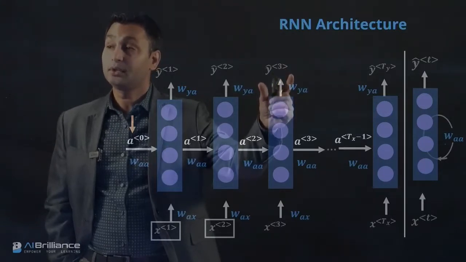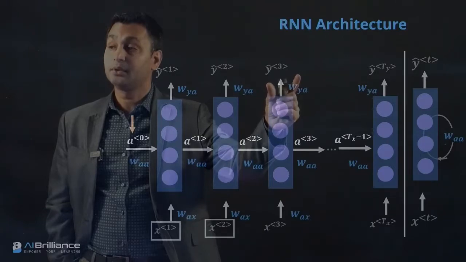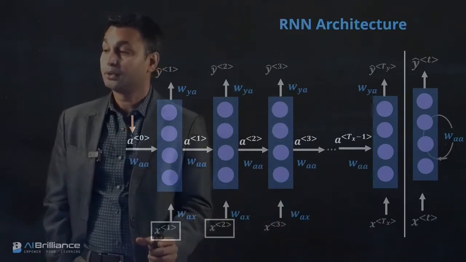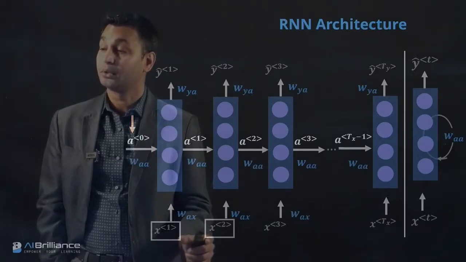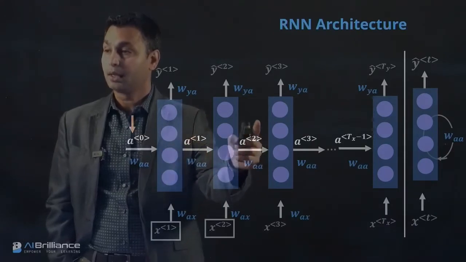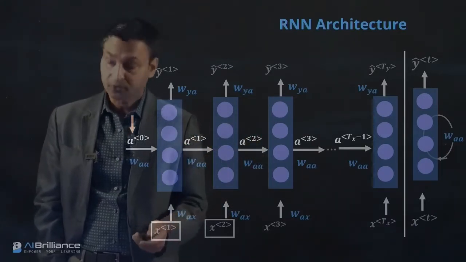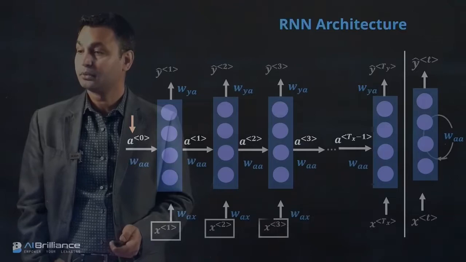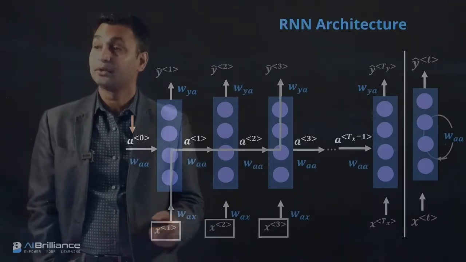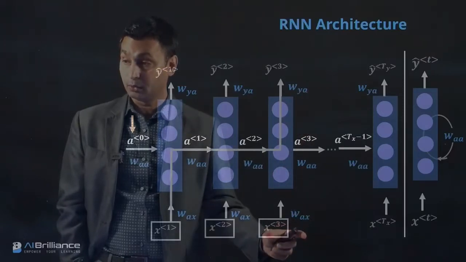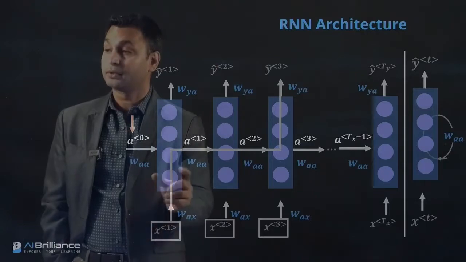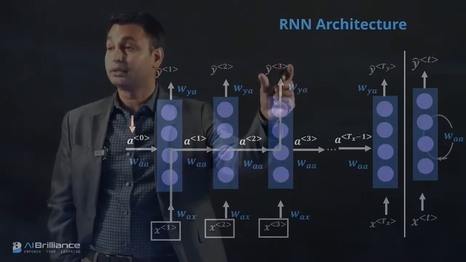The calculation of y cap 3 depends not only on x3, but also on the previous words x1 and x2, and they are linked through the computations of activation A1 and activation A2. So when we provide this input, these 3 things affect the overall calculation for y3. Not only the third word, but the second word and the first word also affect what output is going to be given.